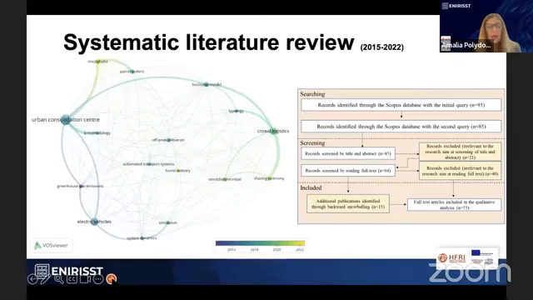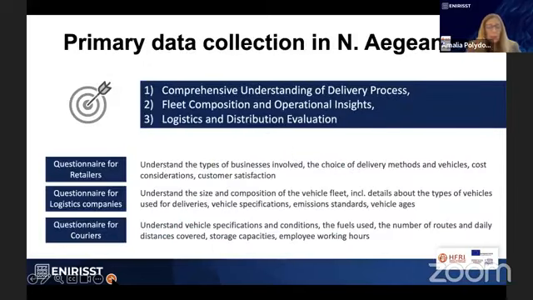And so we tried to identify and focus on some specific questions such as, for example, the comprehensive understanding of delivering processes, fleet composition and operational insights, and logistics and distribution evaluation. We did that for 2 islands, for the Northern Aegean, for the island of Chios and the island of Lesbos.